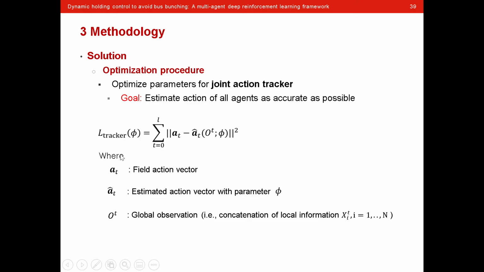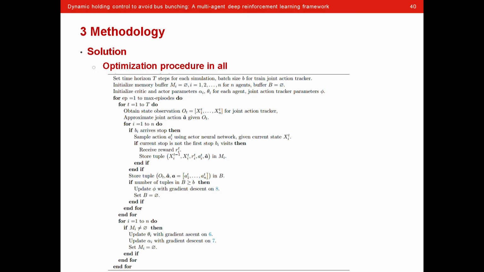And the third part is the optimization of the joint action tracker, because we have to approximate what other agents are doing at each arrival. So this can be a supervised learning problem. And this is the overall optimization procedure. Maybe you can check this procedure in the paper, and we will not have a detailed introduction here.